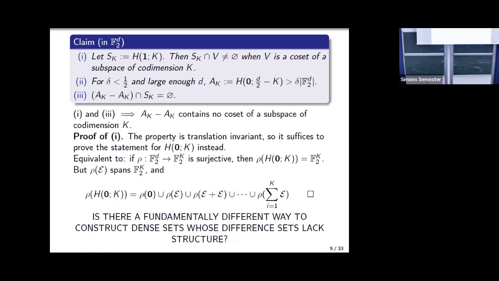Anytime you see an example in the literature of a dense set whose difference set does not contain this or that, it's probably based on this kind of construction.